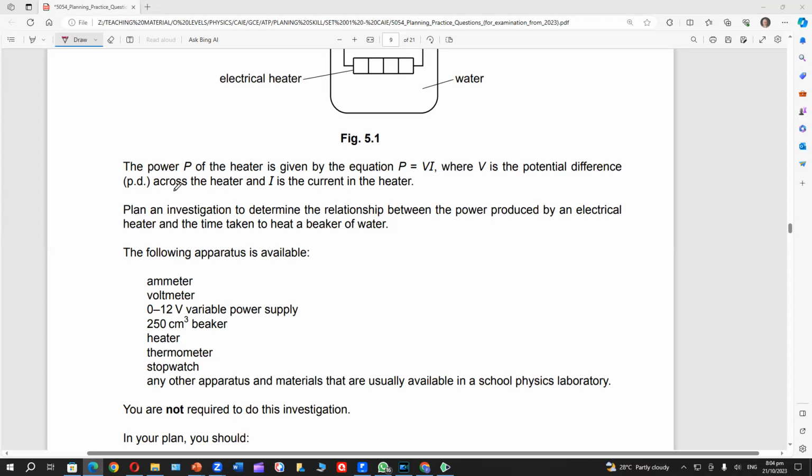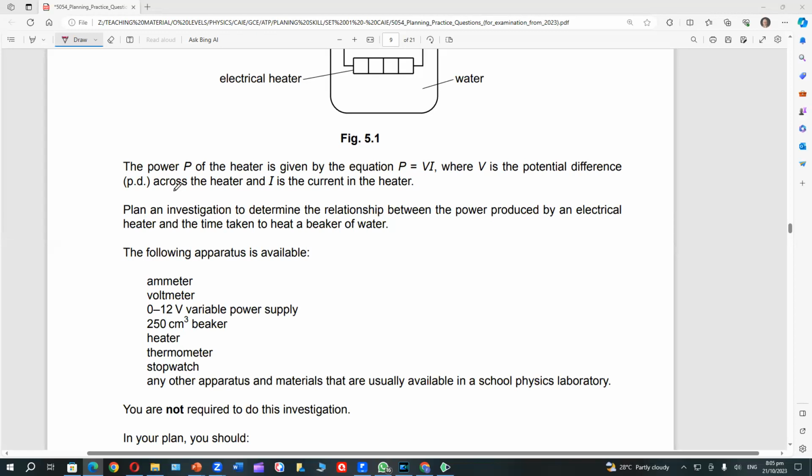Plan an investigation to determine the relation between the power produced by an electrical heater and the time taken to heat a beaker of water. The following apparatus is available: ammeter, voltmeter, variable power supply, 250 cm3 beaker, heater, thermometer, stopwatch, any other.